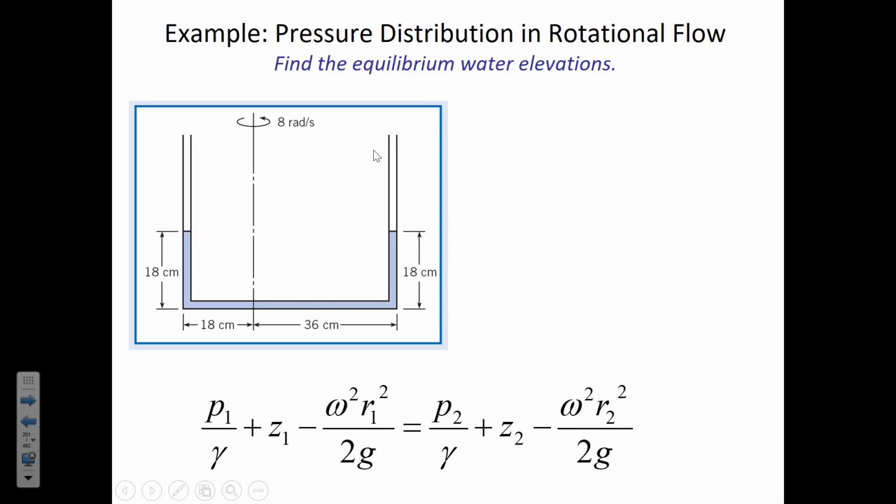So is this class dismissed, or is there something else we can do? Have you heard of 2 equations, 2 unknowns? You can solve it if you've got 2 equations that relate the same variables. So this equation relates Z1 and Z2 in a certain way. Is there another equation that relates what we know about Z1 and Z2?